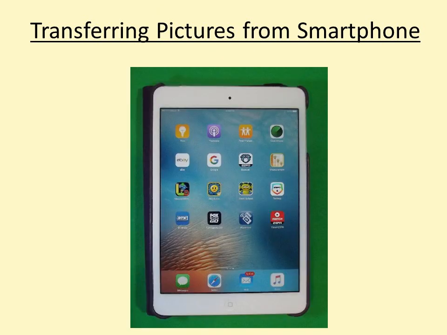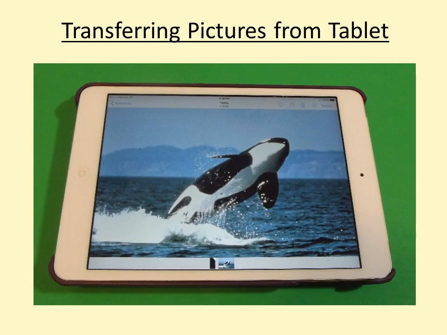And this is a picture of a smartphone. We had mentioned transferring pictures and finding pictures and all of that. Well, I'm using tablet as a generic term.